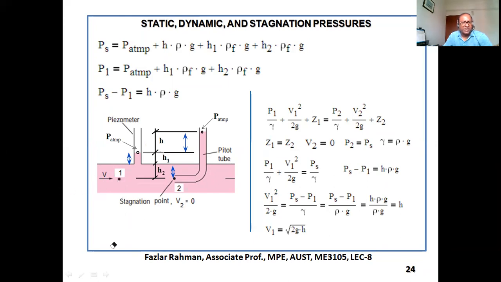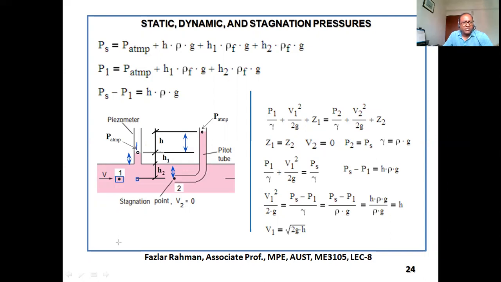How can we figure out the static pressure? We apply manometry. You start right at this point and come to point 1. This point is the same because it is at the same elevation. Remember, in manometry, pressure remains the same along the same horizontal line. So from here we come down here. So P1 equals atmospheric pressure, because right over here we have atmospheric pressure, right?